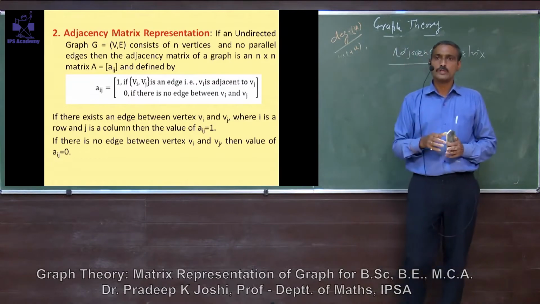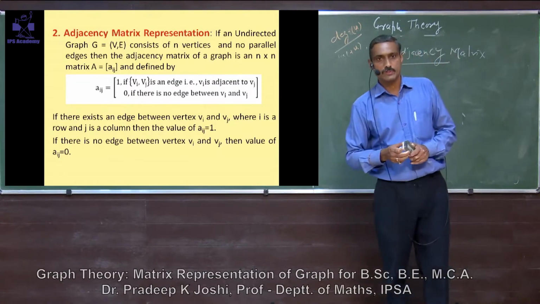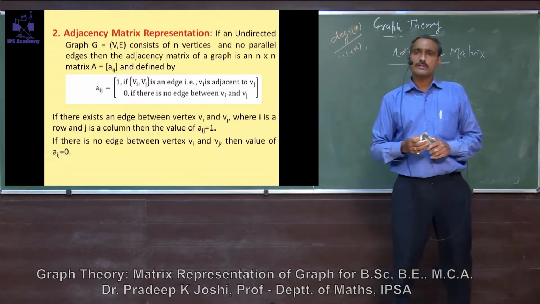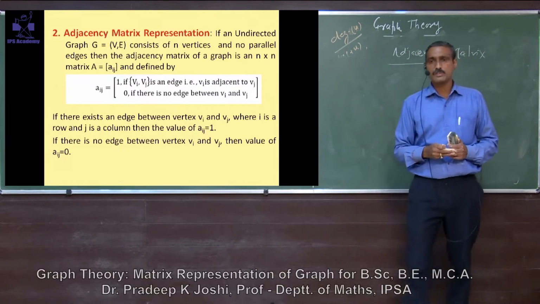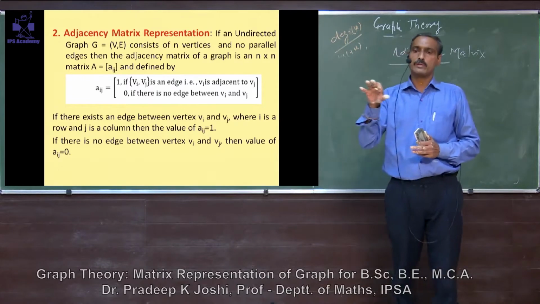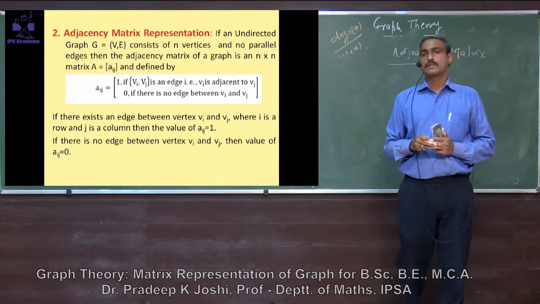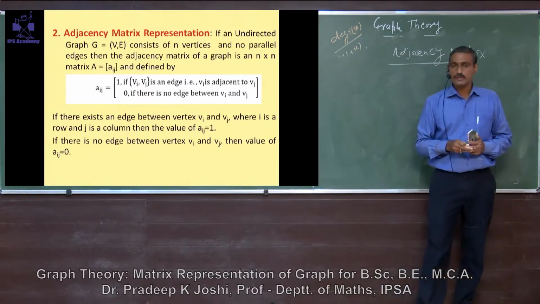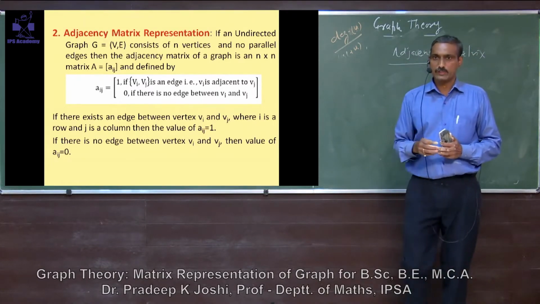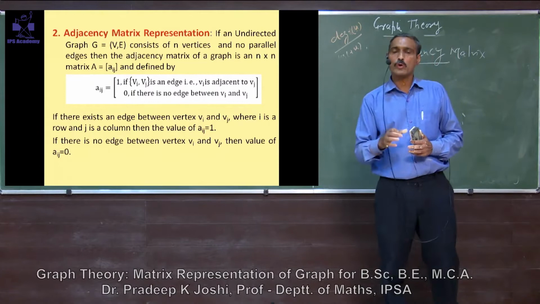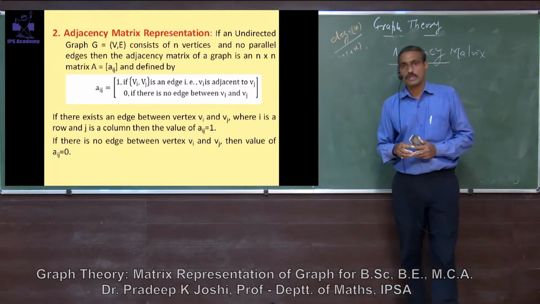So it is also known as a vertex-edge representation. The adjacency matrix is a vertex-to-vertex matrix. That means the rows represent vertices and the columns also represent vertices. So in this case, both rows and columns represent vertices.